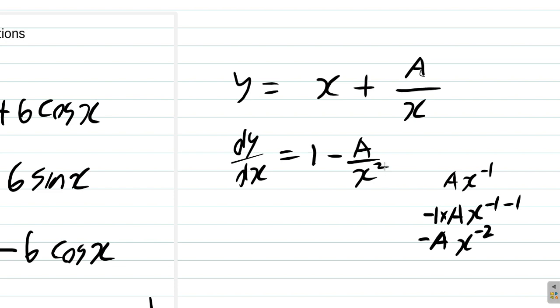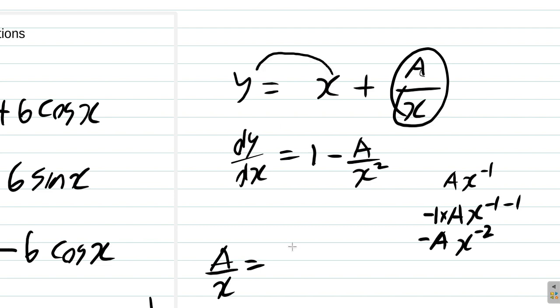Now, suppose you consider this a over x. What can you do with it? Well, you could transpose to make a over x be equal to a over x. You subtract x from both sides, so you say this is y minus x.